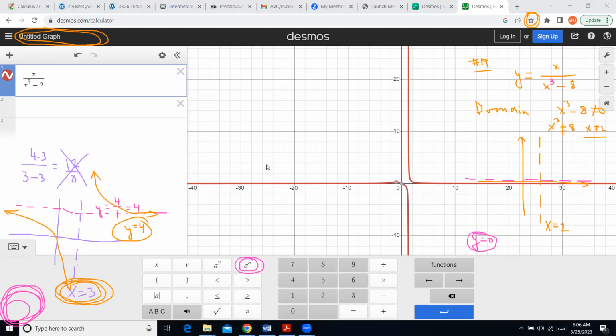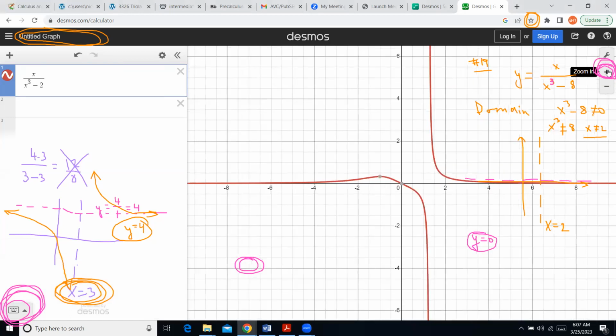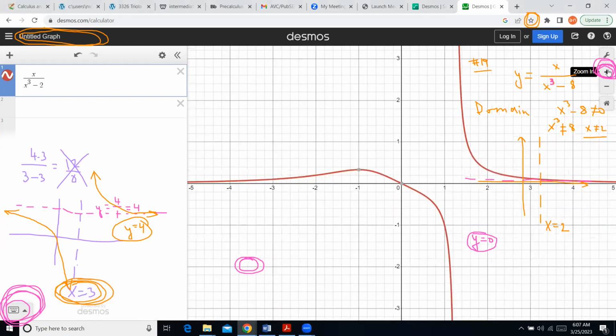This graph is supposed to be zoomed in a little bit so you can better see the way it looks. So here's the plus, right? I used to zoom out. That's why my picture needs a little bit of work. And now you can see that indeed this function has two asymptotes, just as we predicted.